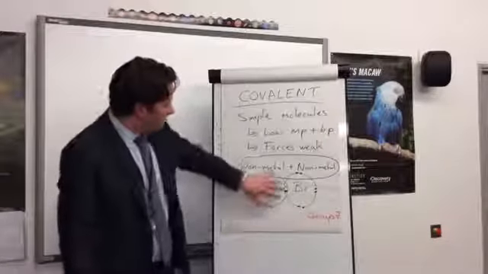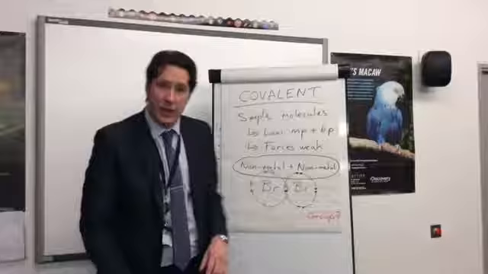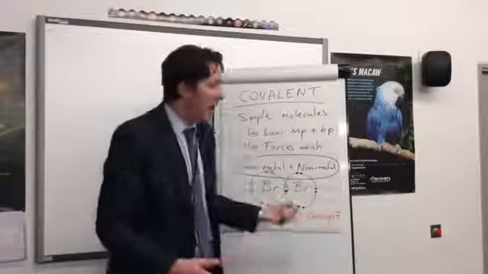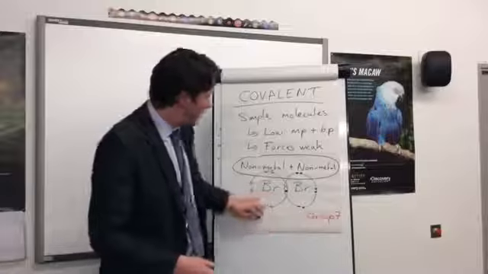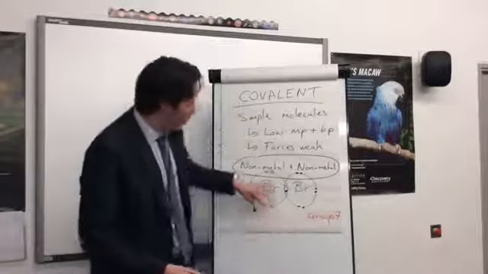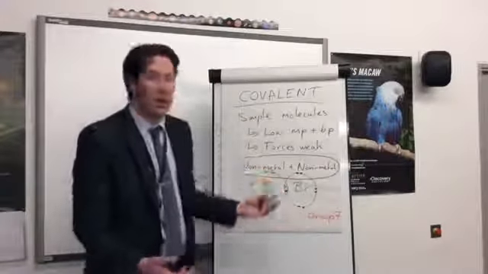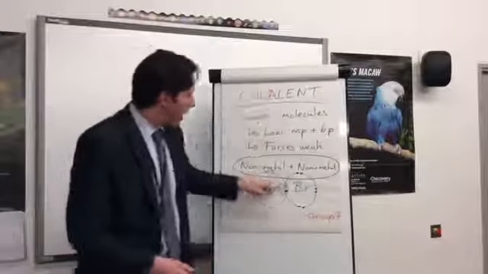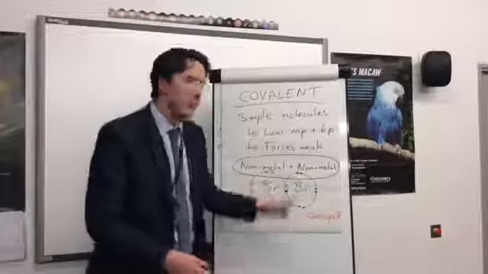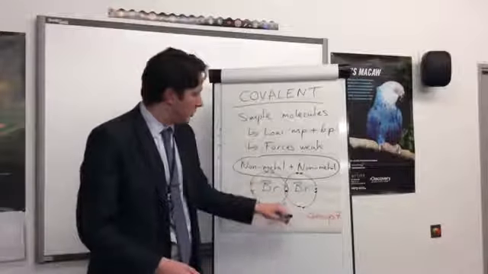Both atoms have a full outer shell, they're happy. That's what makes atoms happy, having a full outer shell. Both of these, because they're sharing this electron, have a full outer shell. And that's what covalent bonding is. It's where non-metals and non-metals, or the same non-metal, share electrons.